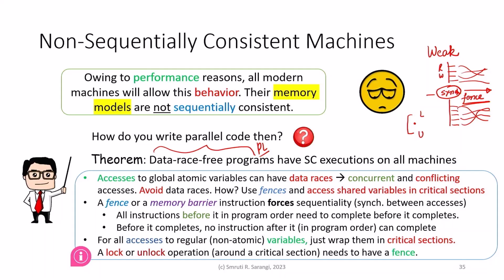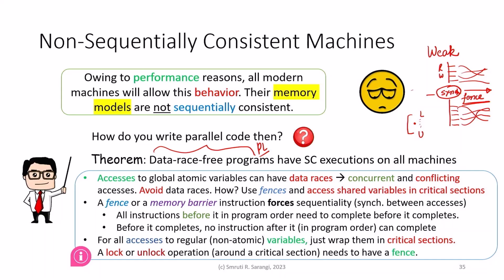After you unlock, everything that happened in the critical section has to be visible to everybody instantaneously. If you have unlocked, it automatically implies that whatever you did within the critical section is visible to the world.